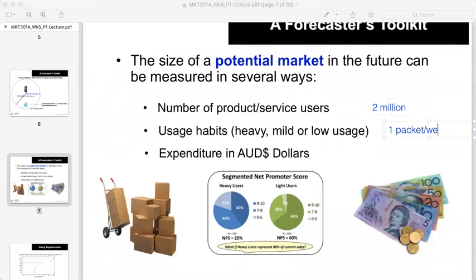So that means 52 packets or units in a year, per annum, okay? And how much is the price? Let's say we sell it on average at $2, okay? So if we multiply those 3 figures, 2 million times 52 times $2, we will get the potential market in that industry. Okay, so that's one technique.